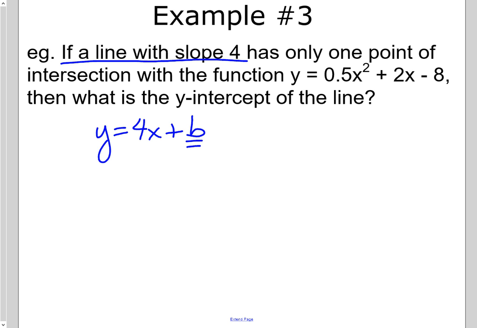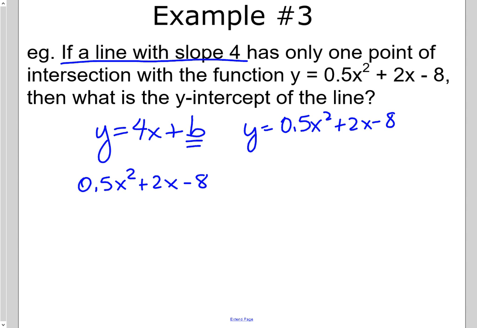Now, the reason why I'm putting a b is because that's what we're trying to figure out, the y-intercept of the line. And then I have this other quadratic function, 0.5x squared plus 2x minus 8. So let's put these two equal to each other. I know it seems weird because we're still trying to solve for b, but that's okay.